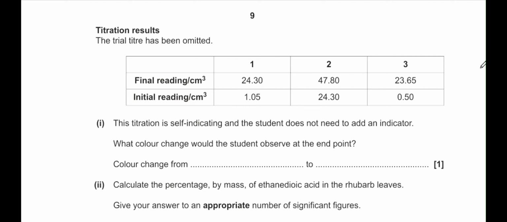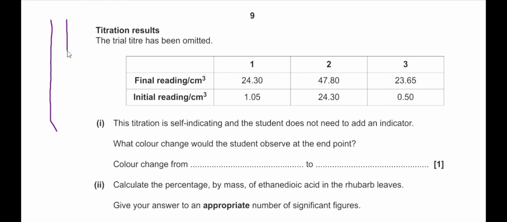So the table is given. This titration is self-indicating and the student does not need to add an indicator. What color change would the student observe at the end point? Color changes from dash to dash. In such questions on color changes at end point, always think about what is there in the burette.